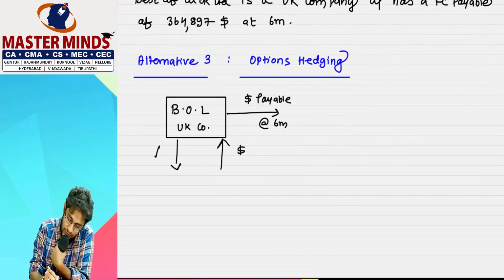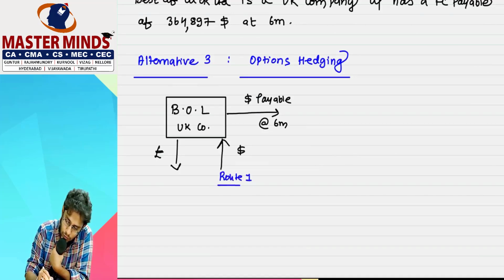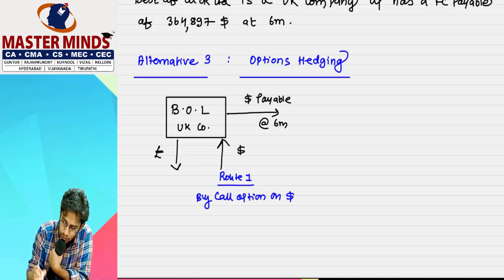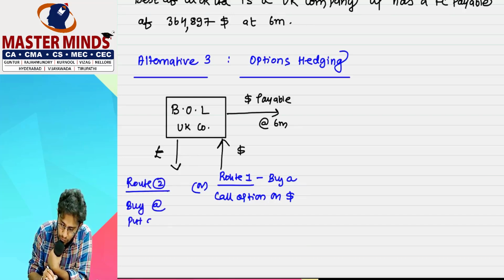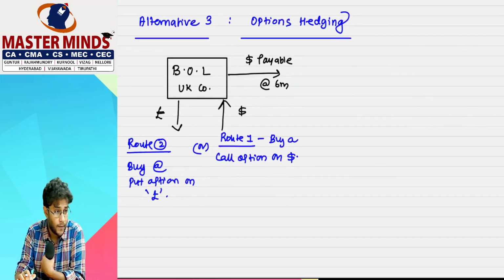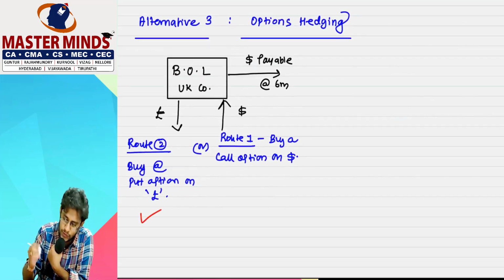Tell me, what are the 2 choices of hedging? Route 1, you will buy a call option on dollar, or route 2. You have to select this one.